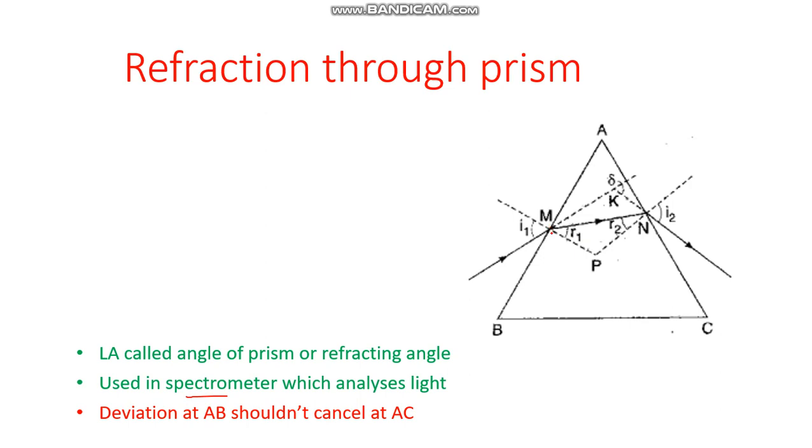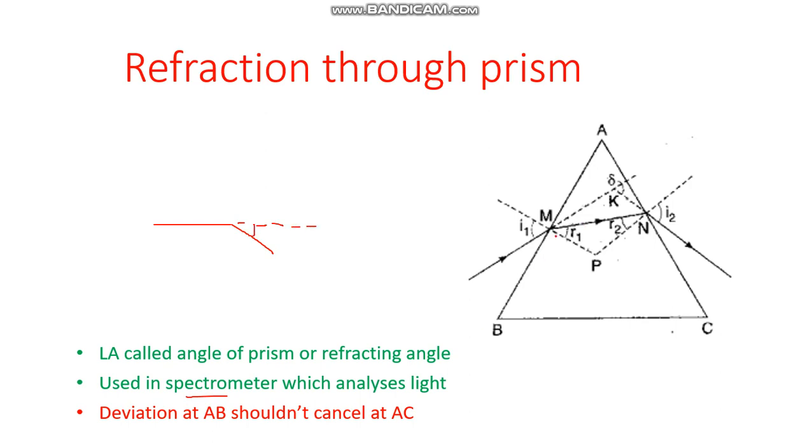You can see that this dotted line was the original path and it got refracted. When a person is going like this and he went like this, his original path was supposed to be like this, so he deviated.